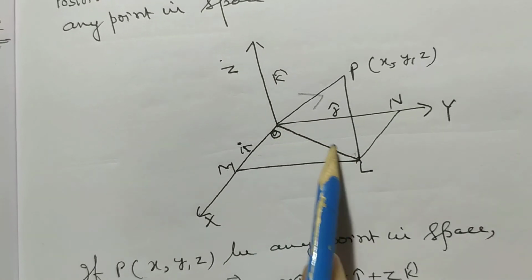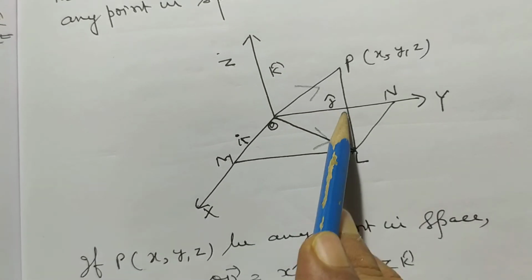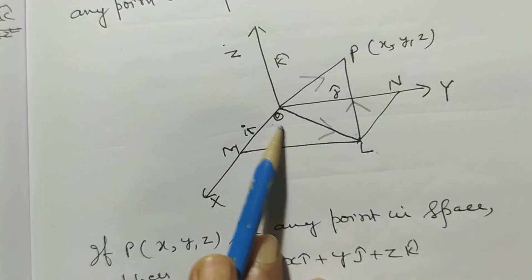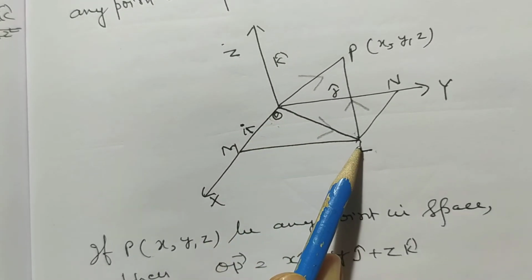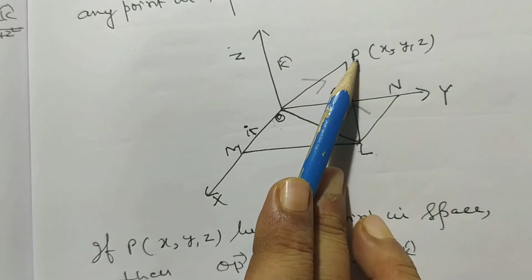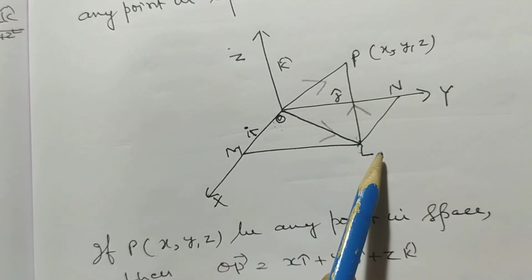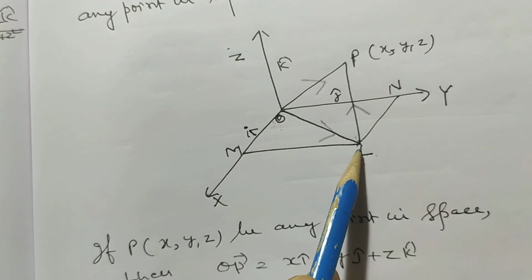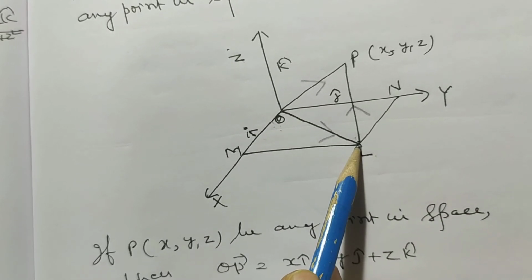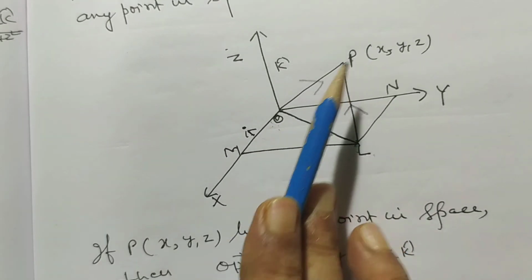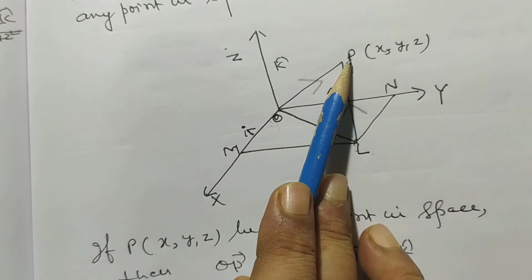This is the initial point and this is the terminal point for the vector OL, but it is also the initial point of vector LP.